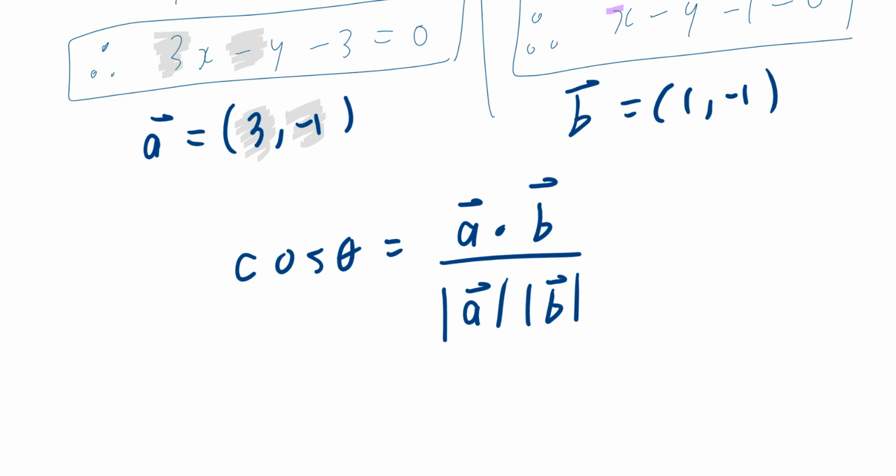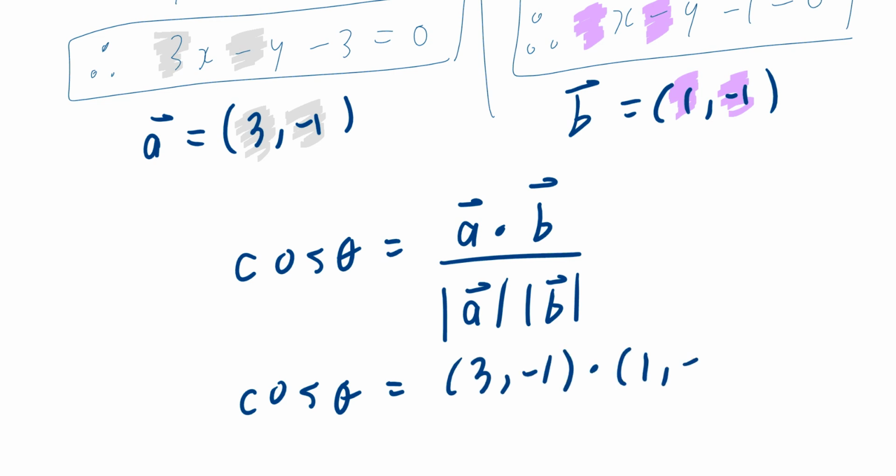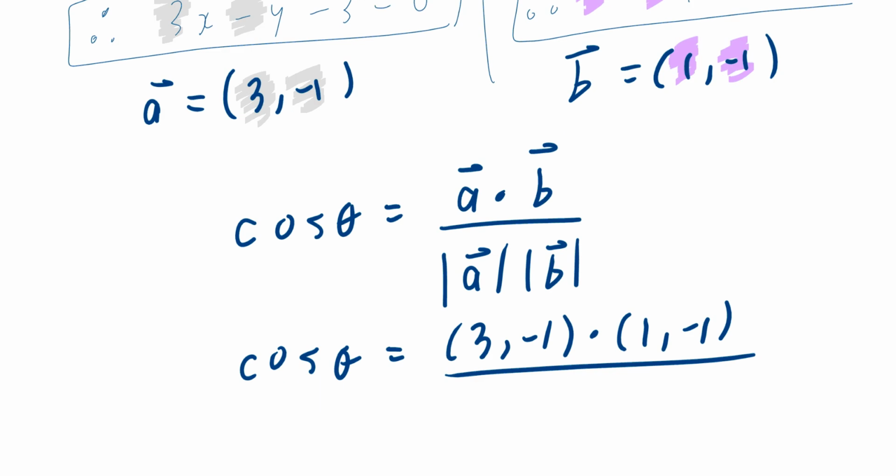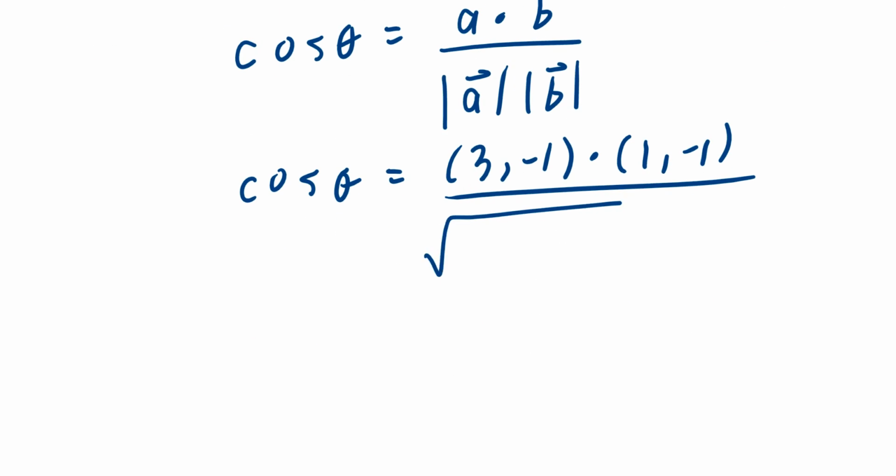If you trace back, this is going to be (1, -1). Now, cosine theta equals (3, -1) dotted with (1, -1), divided by the magnitude of vector A, which is basically the square root of the sum of the squares. Same thing here.